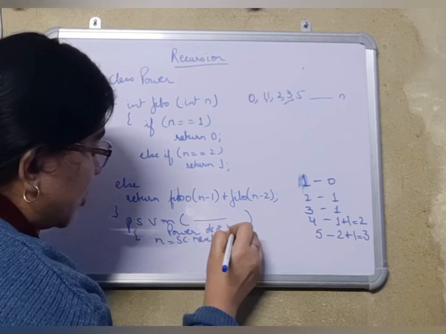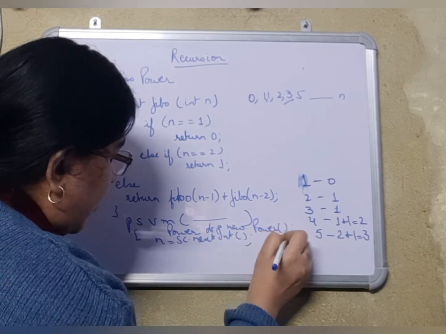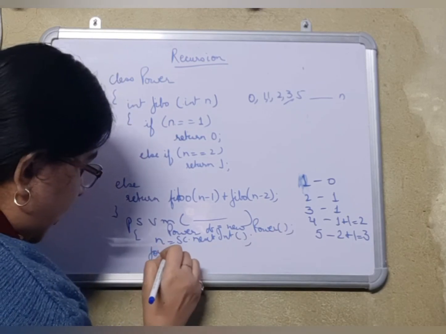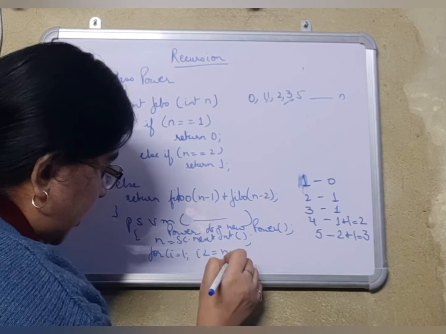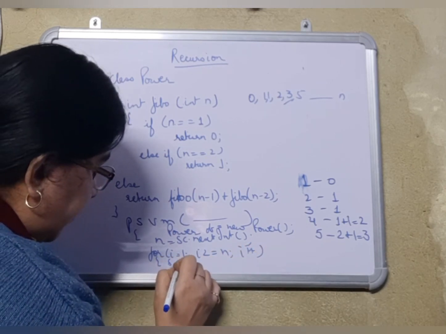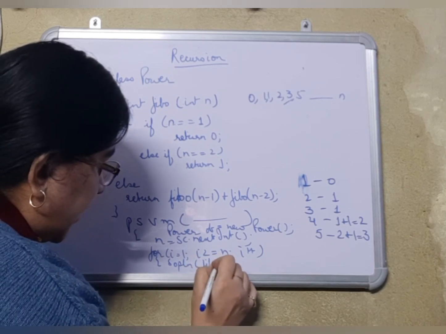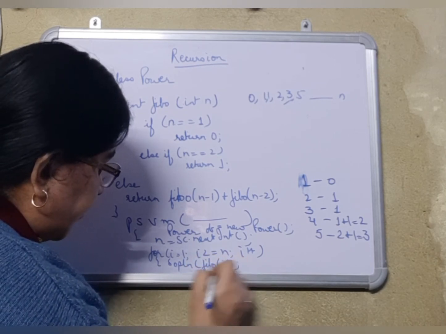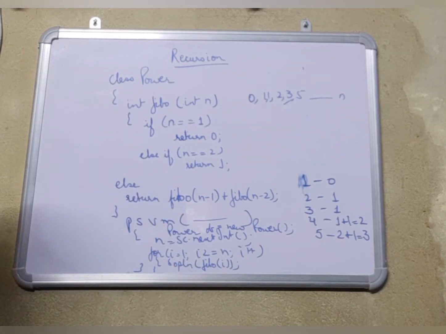Power OB is equal to new Power. Now we'll be running a for loop for I is equal to 1, I less than equal to n and I plus plus. And with SOPLN, we can call Fibo and send I. Right.